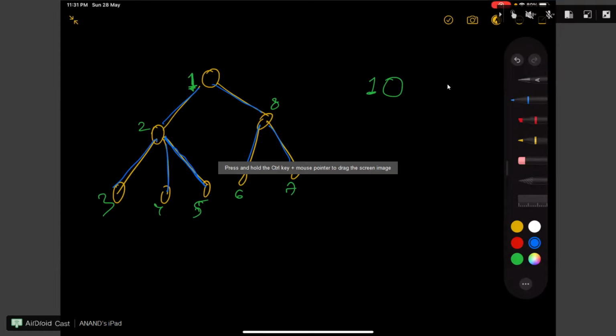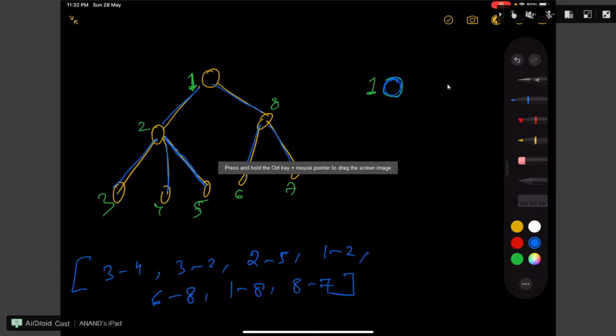After drawing the first vertex, you iterate through each of the edges in your edge list. Let's say your edge list consists of 3 4, 3 2, 2 5, 1 2, 6 8, 1 8, and 8 7.